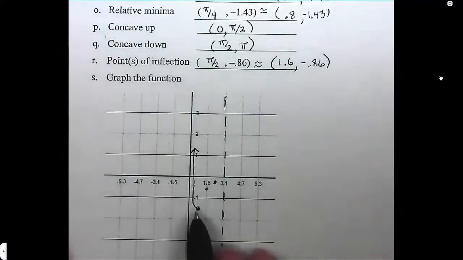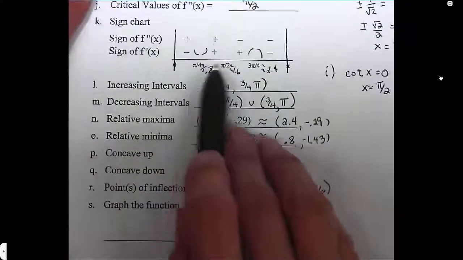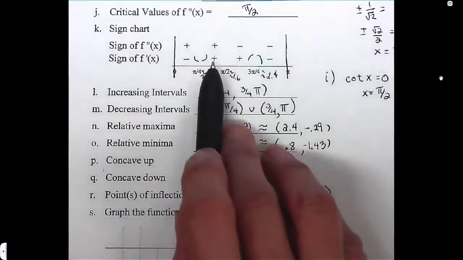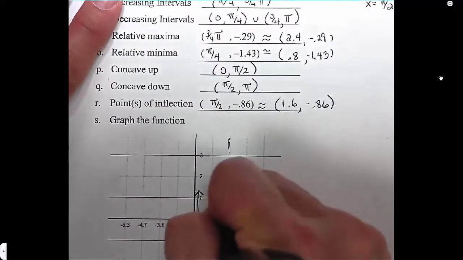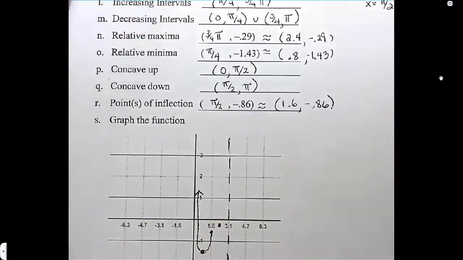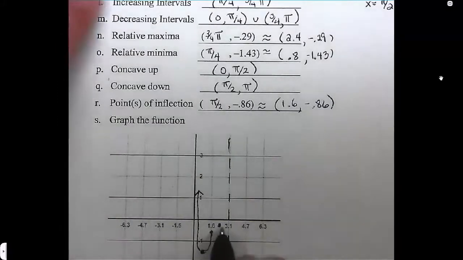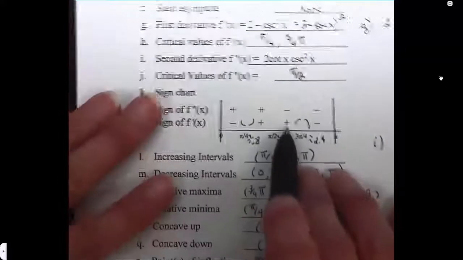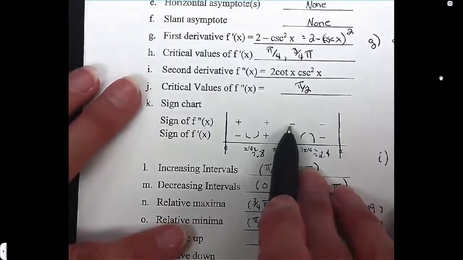From about 0.8 to about 1.6, the function should be increasing and concave up. From about 1.6 to 2.4, the graph should be increasing and concave down.